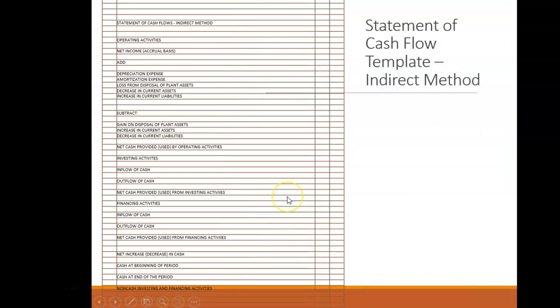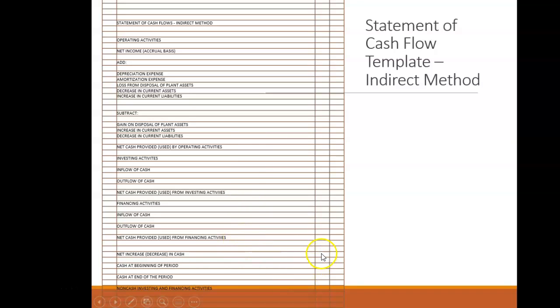Okay. Now this is a template that I've put on the Blackboard site under the Week 8 module to assist you in preparing the statement of cash flow using the indirect method. It begins with your accrual-based net income. It shows what items should be added, what items should be subtracted to get your net cash from operating activities, investing activities, financing activities.